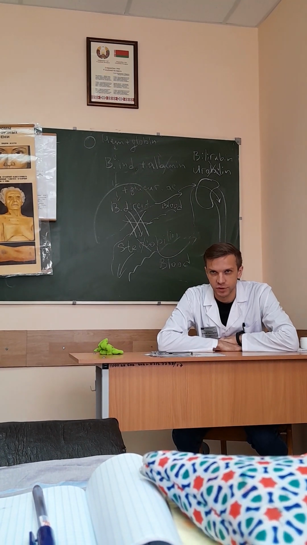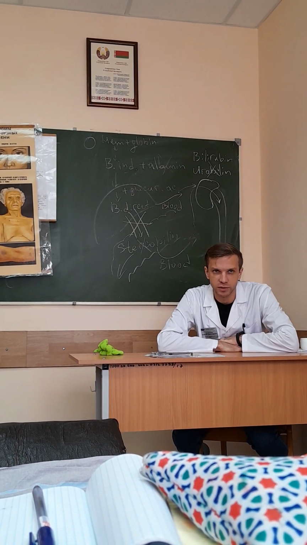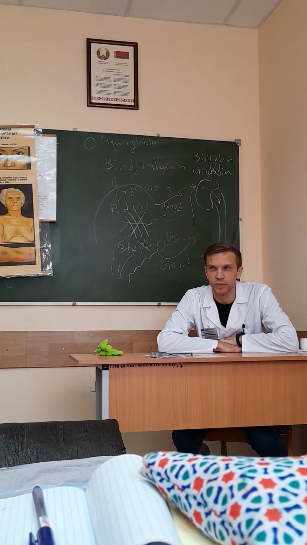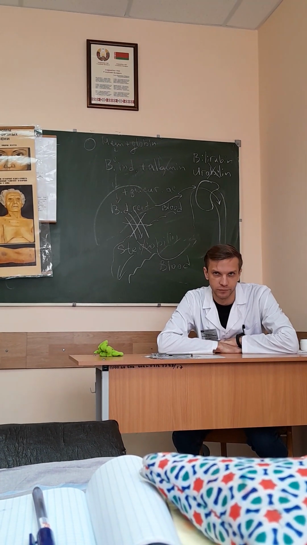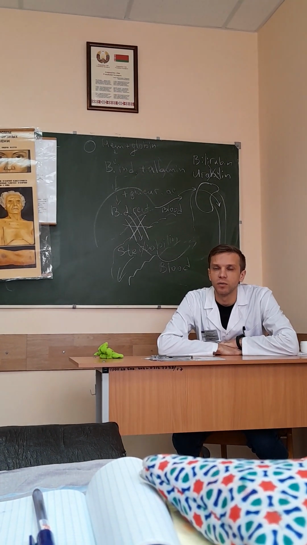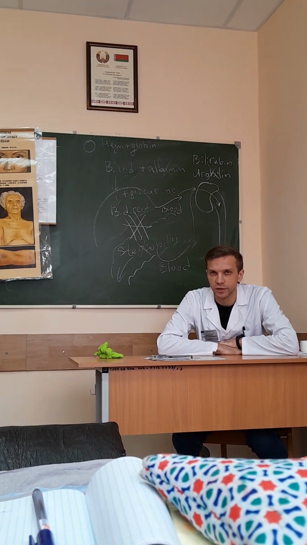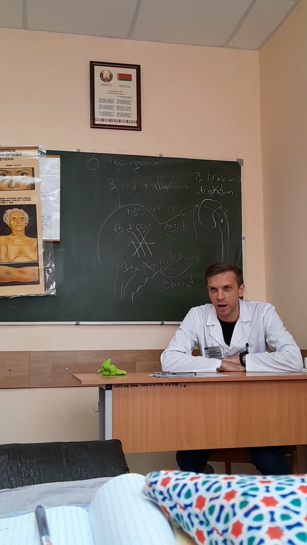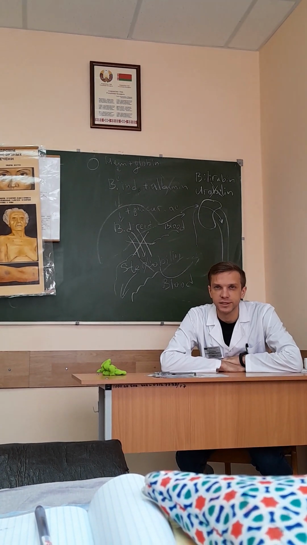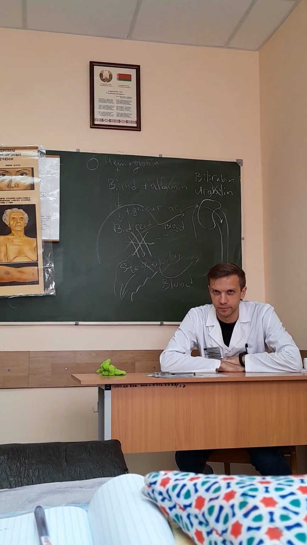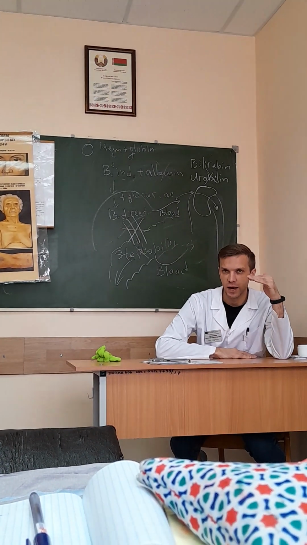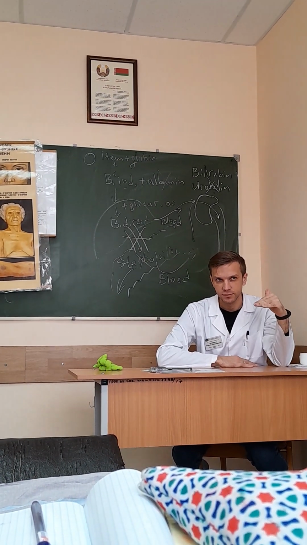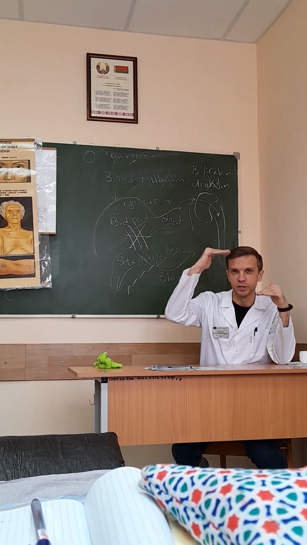Iron itself shows the level of iron in the patient's blood, but it does not show us how much iron is in the depot. OZHSS, iron binding capacity of blood serum, shows us how much more iron the patient's serum can take. If the level of iron decreases, iron binding capacity increases.